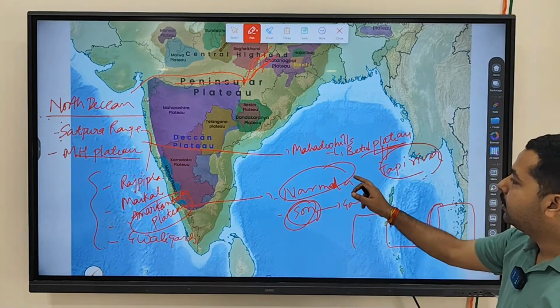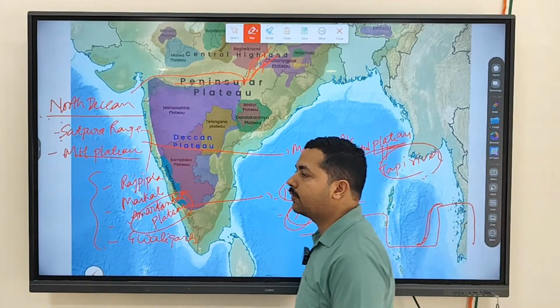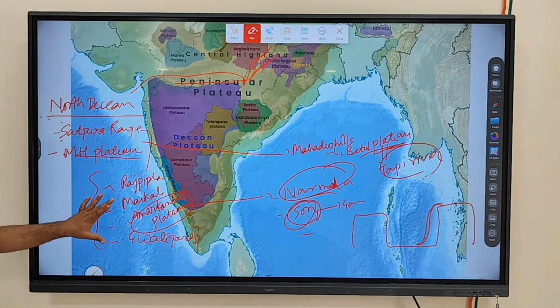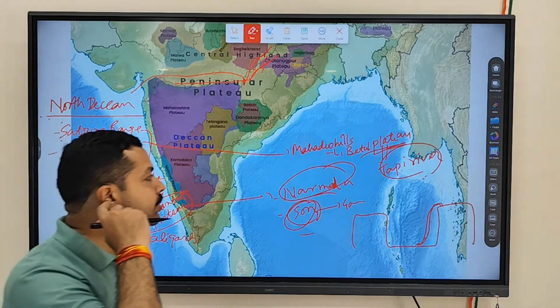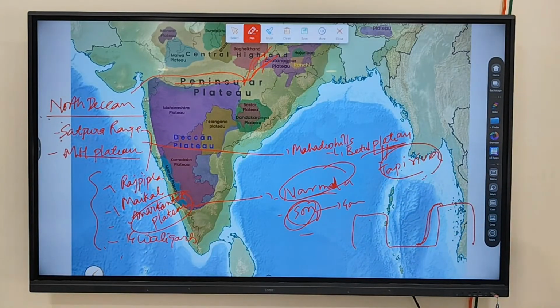You will see Narmada and Son both are originating in this particular region. Fine, any doubt regarding this part? And you will also find Rajpipla, Mahakal, Amarkantak, Gawilgarh, these are the peaks that you are also finding in which range? Satpura range. Clear? UPSC has asked this question, from where the Narmada and Son originate. They originate from which region? Amarkantak Plateau region. Clear?